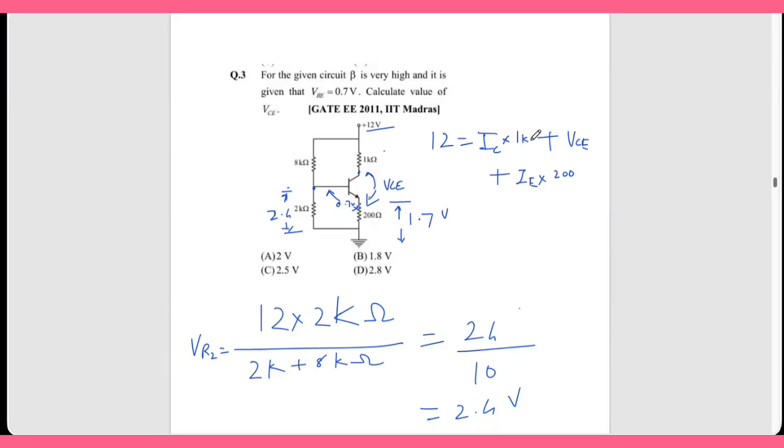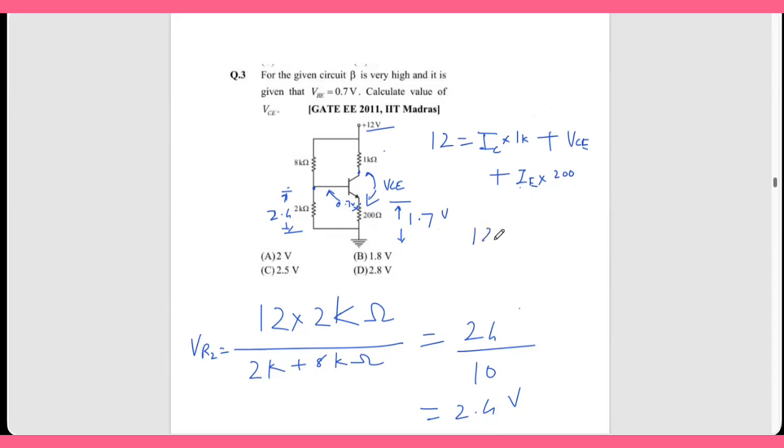8.5 milliamp into 1 kilo ohm is 8.5 volt. This 8.5 milliamp into 200, already you know that it's 1.7. So this is 8.5. This is 1.7. If you add 8.5 and 1.7, you will get how much?